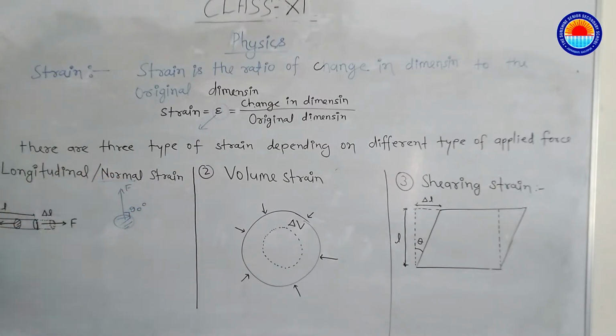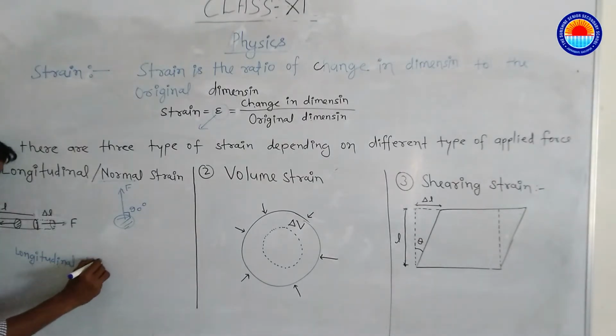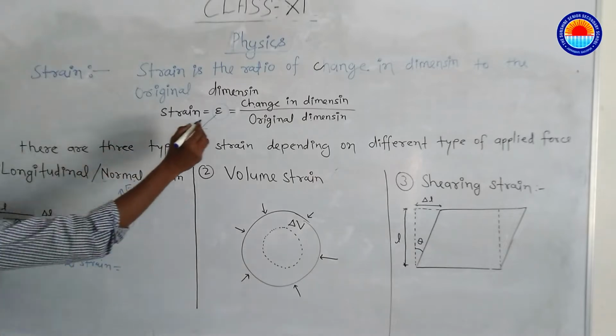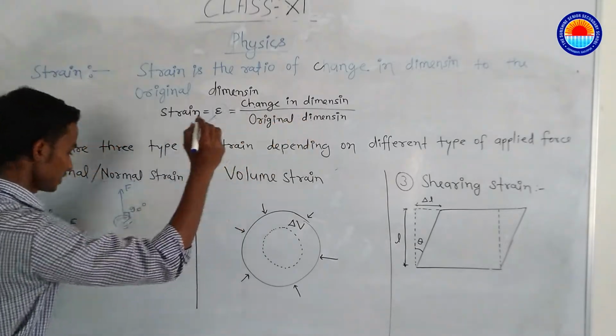Here we apply a force F, the original length is L, and the change in length is delta L. So longitudinal strain is equal to the change in dimension to the original dimension.